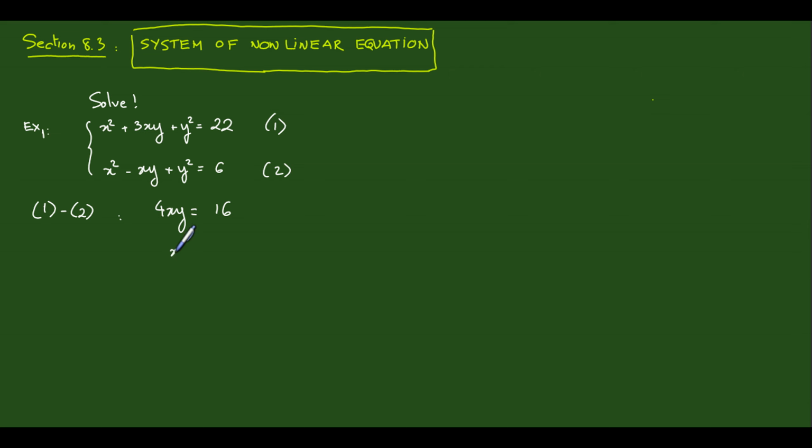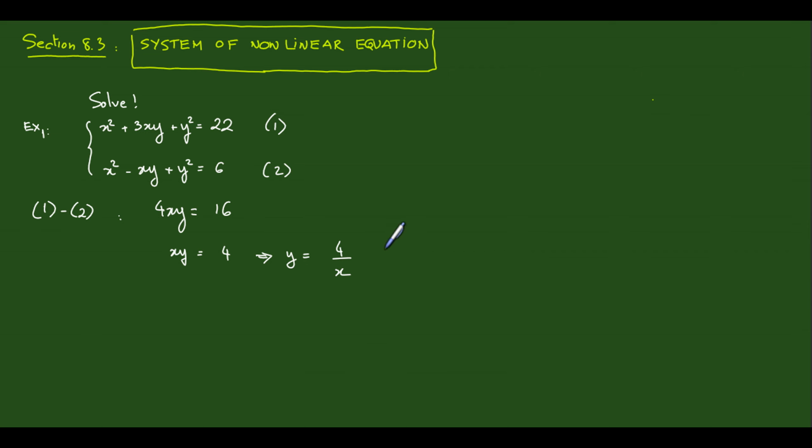So from here I can make the equation simpler: xy equals 4. If xy equals 4, then y equals 4 over x. So if y equals 4 over x, you see that I can use the substitution method. I'm going to plug this into the second equation.